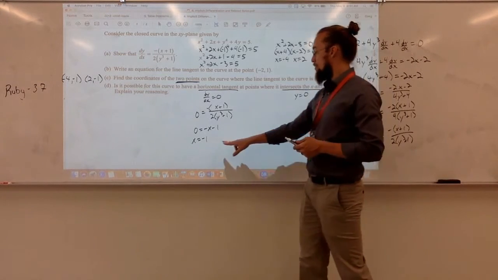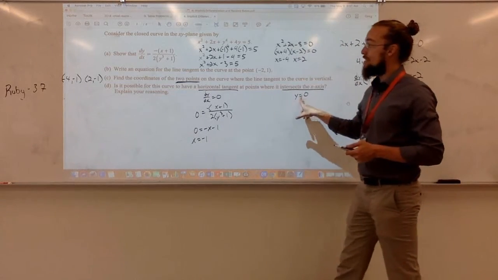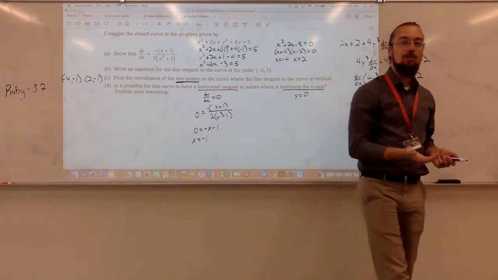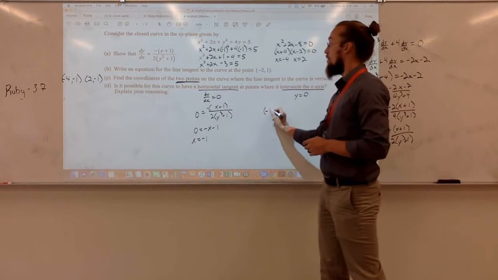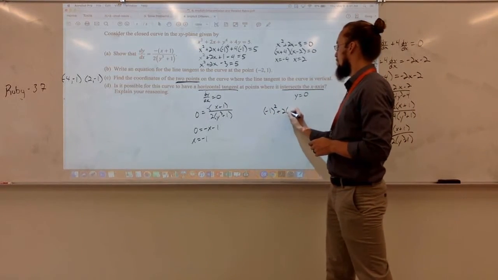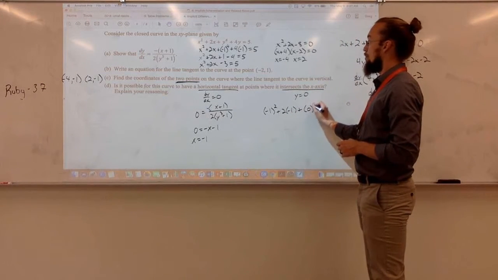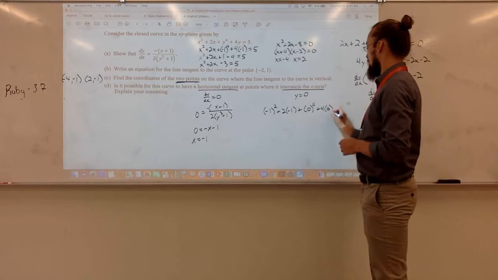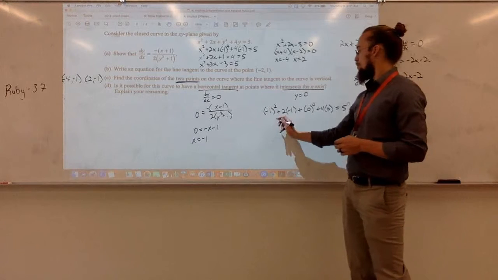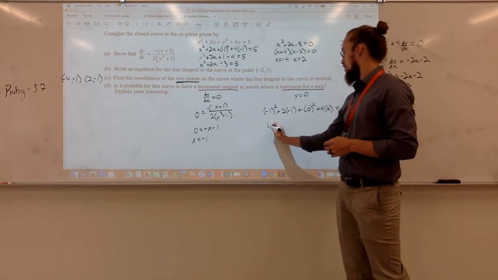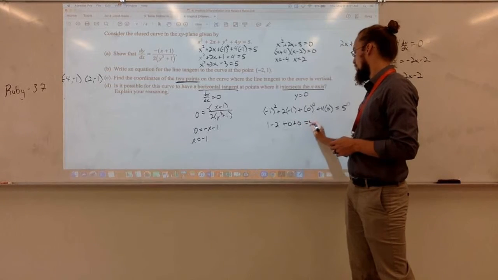So what we can do is plug negative 1 in for x and 0 in for y into my original function and see what happens. Negative 1 squared plus 2 times negative 1 plus 0 to the 4th plus 4 times 0 equals 5. So negative 1 squared would be positive 1, minus 2, plus 0, plus 0.